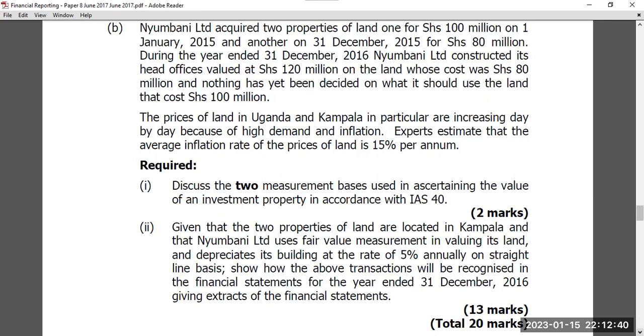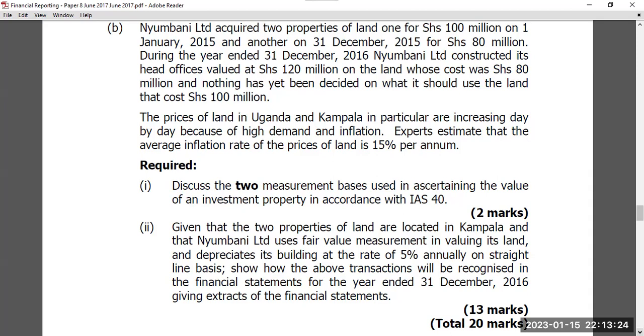Part B says Nyumbani Limited acquired two properties of land, one for 100 million on 1st January 2015, and the other on 31st December 2015 for 80 million. Land 1 was for 100 million, acquired in January 2015, and land 2 was acquired on 31st December 2015 at 80 million.